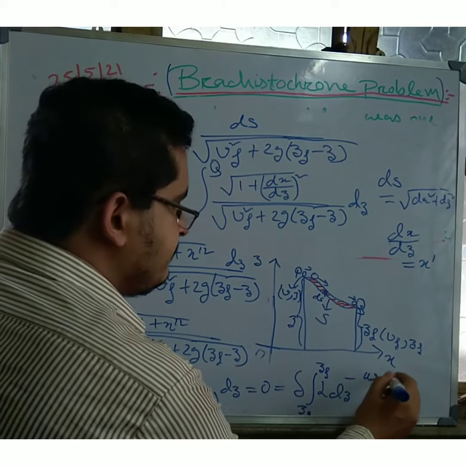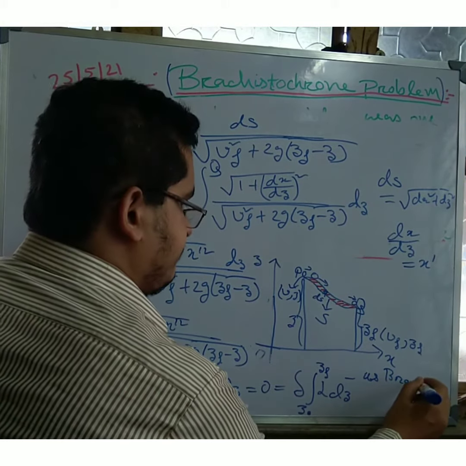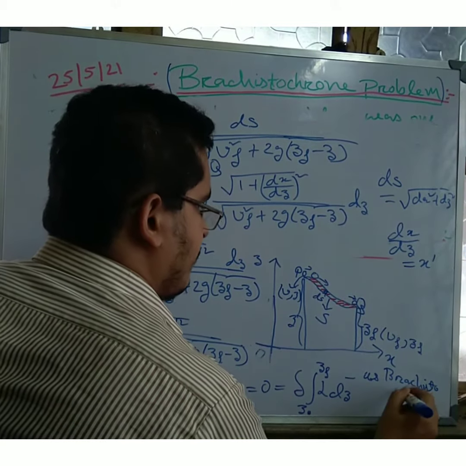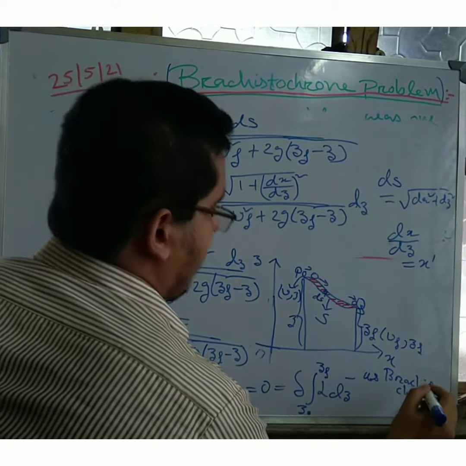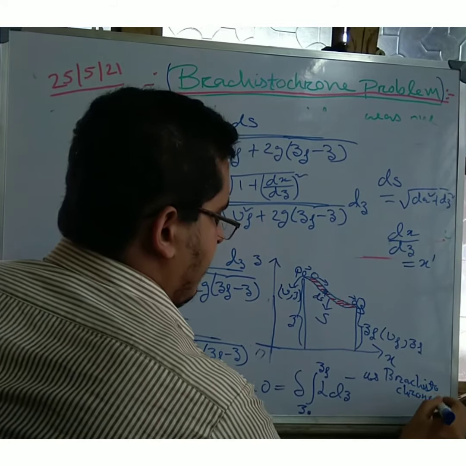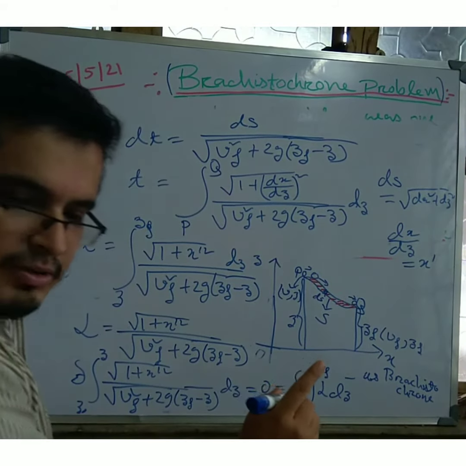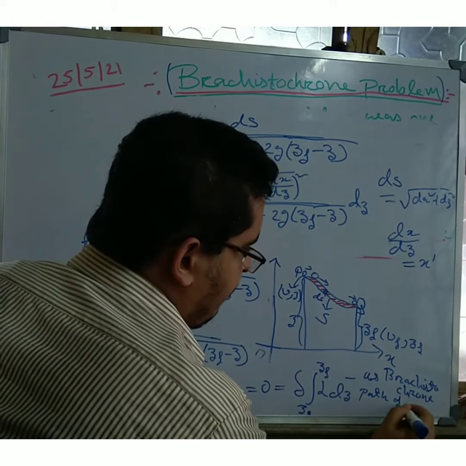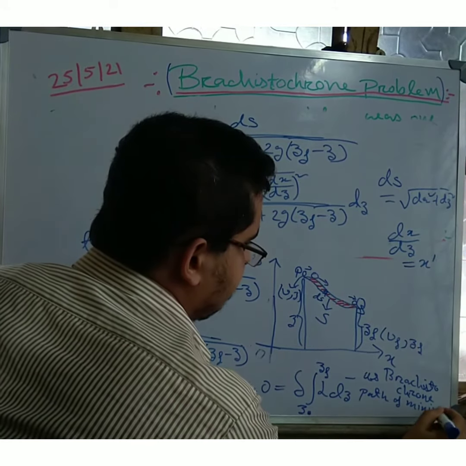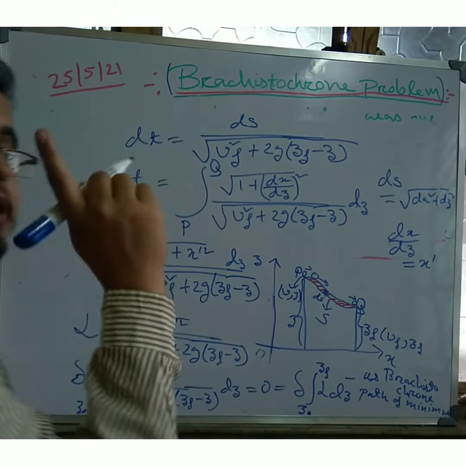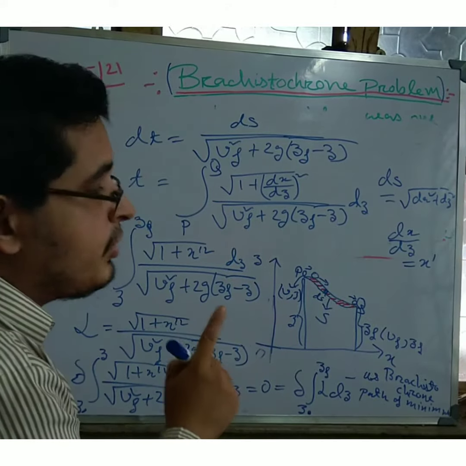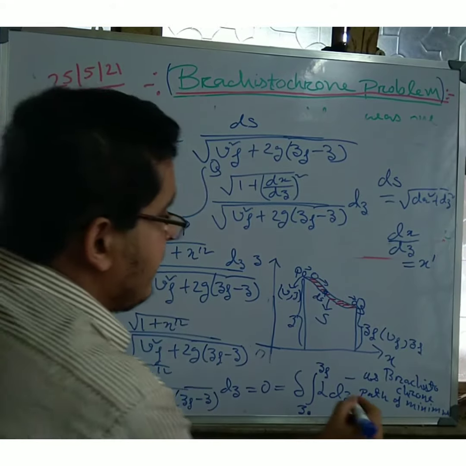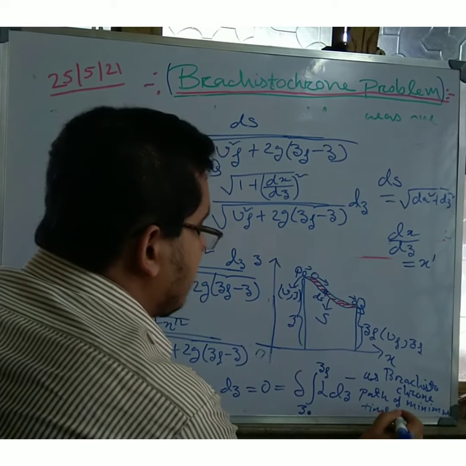As Brachistochrone is the path of minimum time, because friends, in the previous discussion of the formula, I must write that Brachistochrone is the path of minimum time.